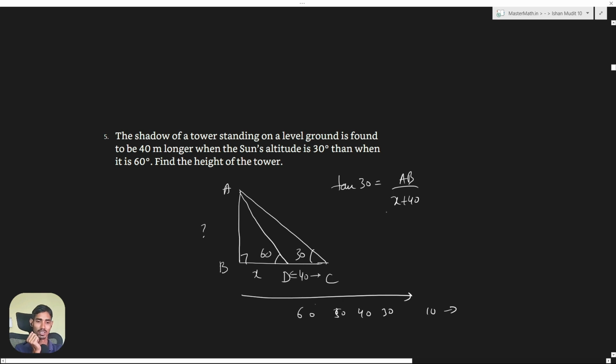But why did you take cos 30 when you are only dealing with these two things? You thought that it would help you further. You take tan, and again in this you take tan 60 is equal to AB by x. You get the AB values from these two, and then you can get the value.